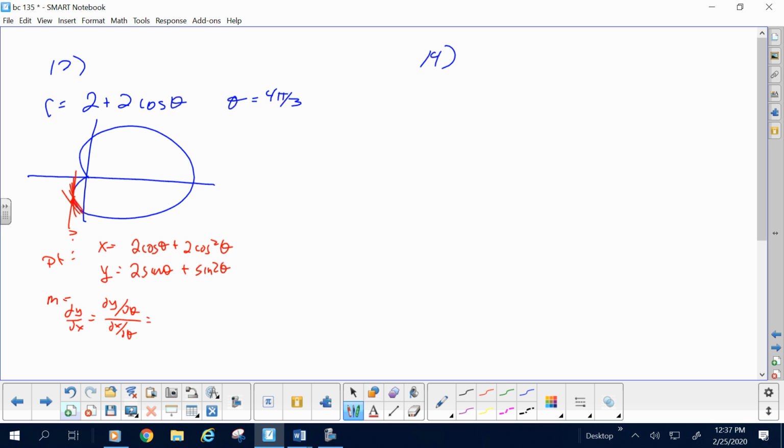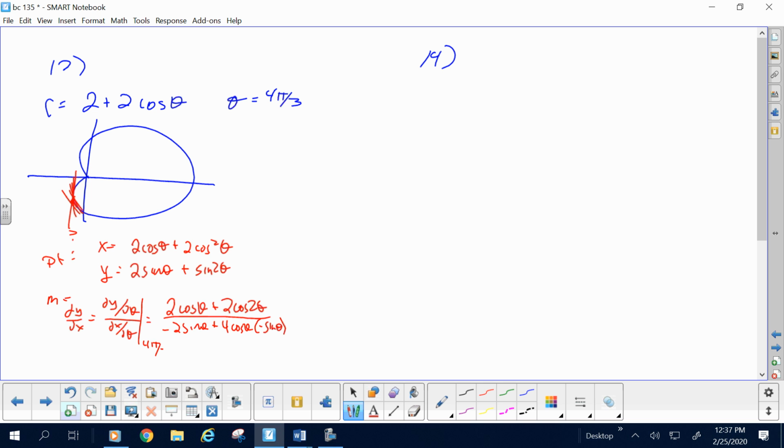I don't remember if this is vertical or not. All right. Do you agree with my x's and y's? Okay, cool. So dy/d theta is 2 cosine theta plus 2 cosine 2 theta and dx/d theta is negative 2 sine theta plus 4 cosine theta negative sine theta. Okay?